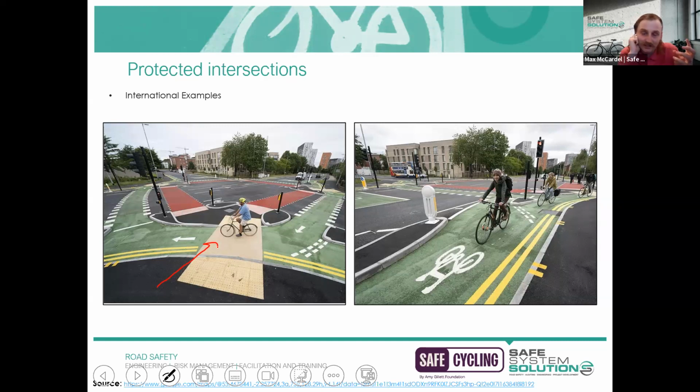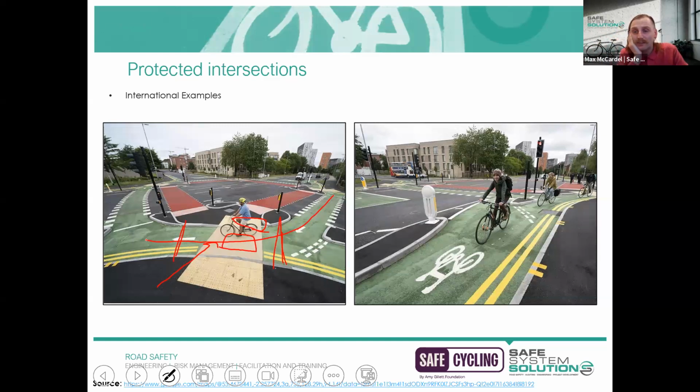But I think that's another real prime opportunity where we would certainly be advocating for a zebra crossing, creating all of that as a flush area for pedestrians and making this a wombat crossing for pedestrians. So cyclists need to clearly give way there. Once again, making it clear who has priority within that space.